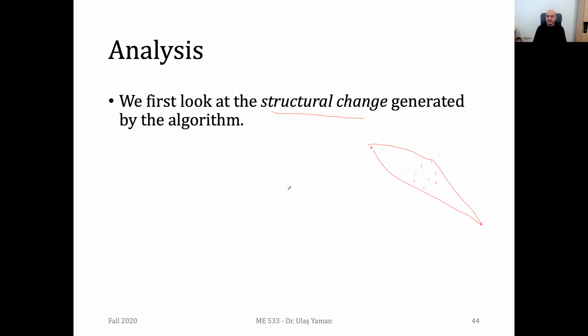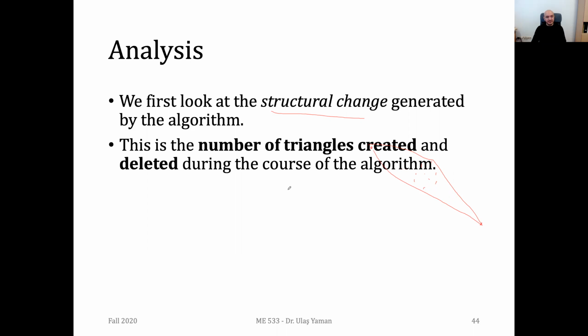The only structural changes we need to take care of are the number of triangles created and deleted. If you find a proper maximum value or a relation with the number of sides and the number of triangles created and deleted, you can simply state the complexity of the algorithm.